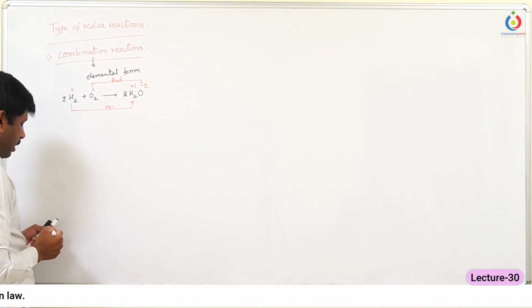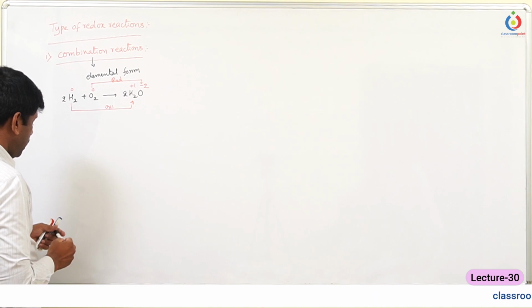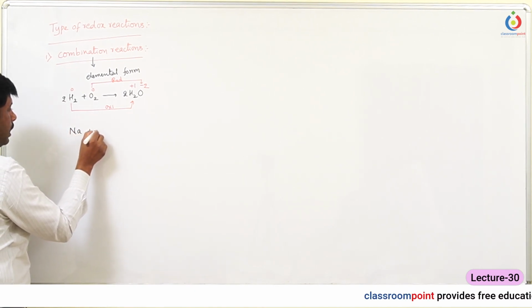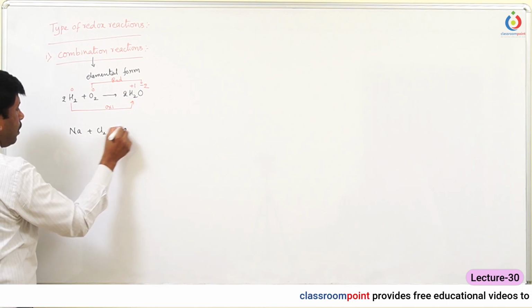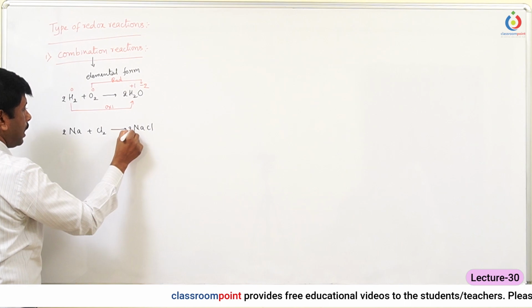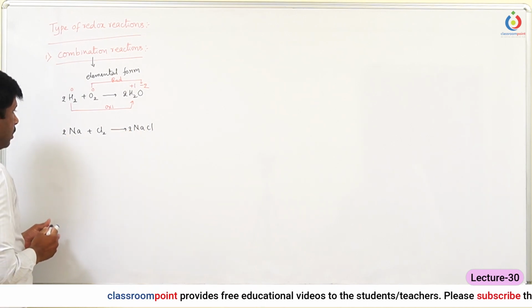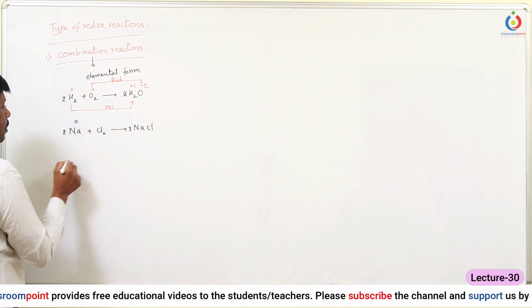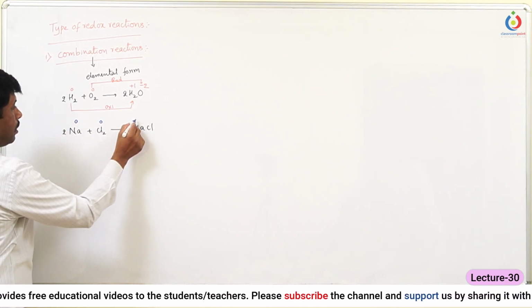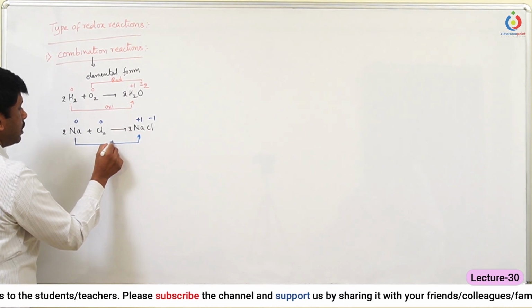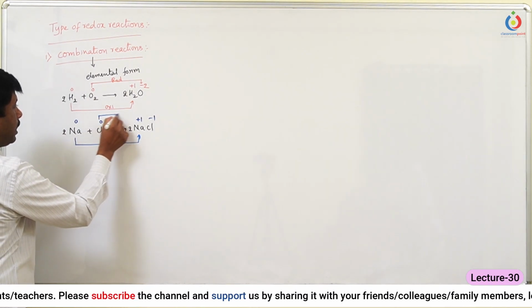That's why it is a redox reaction. Now let us see here. Sodium reacts with chlorine to form NaCl. Here also sodium oxidation state is 0, chlorine oxidation state is 0, here +1, here it is -1. Sodium is oxidized, whereas chlorine is reduced.